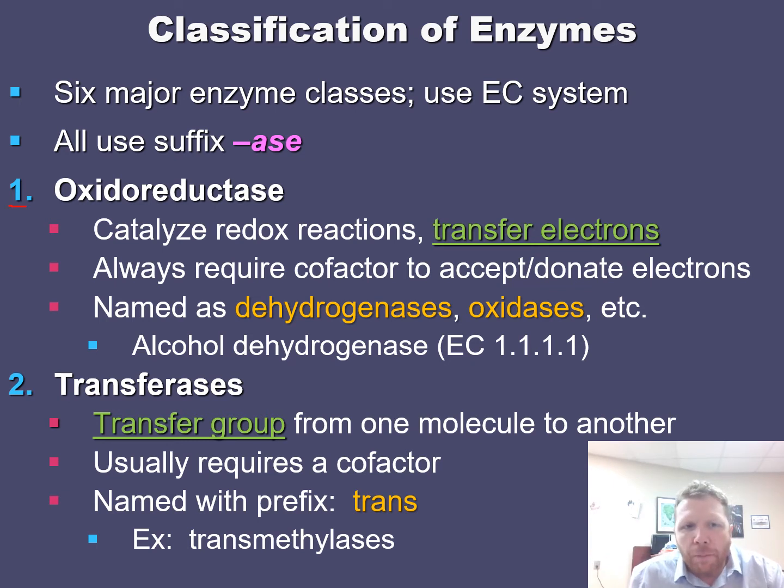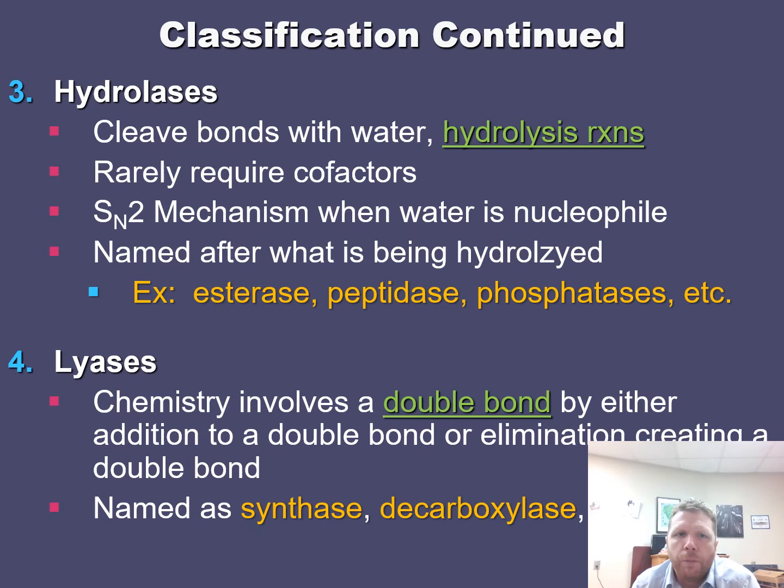Now, this number up front here is unique for what's known as the EC, enzyme classification numbering system. So every single transferase will have a unique identifier that starts with 2. Every single oxidoreductase will have a unique identifier that starts with 1. So group number 3 are your hydrolases.